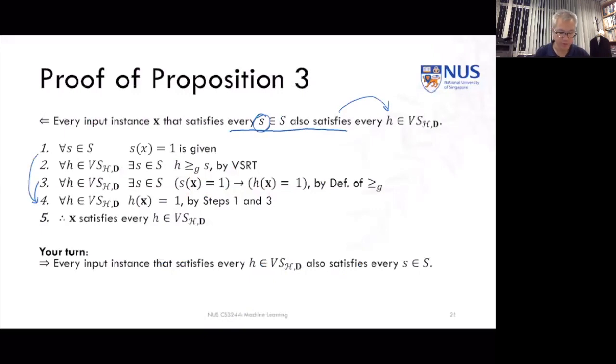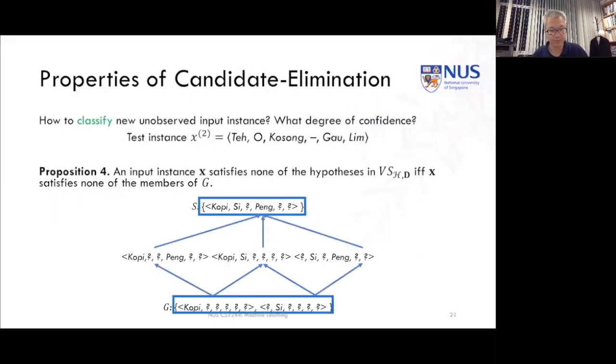We can also do this part here, which we're not going to do in this video, where every input instance that satisfies every one of these H's in our version space also satisfies this, right? We need this bijection. Okay, what about this test example, right? This one is a black tea without sugar, okay?